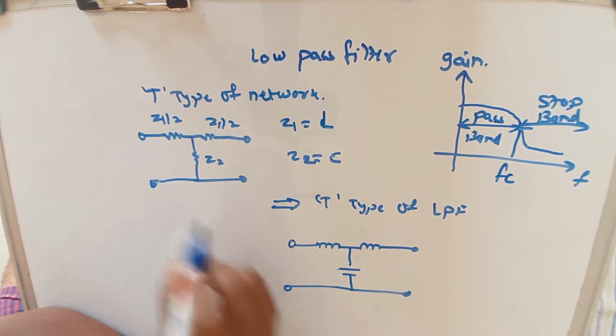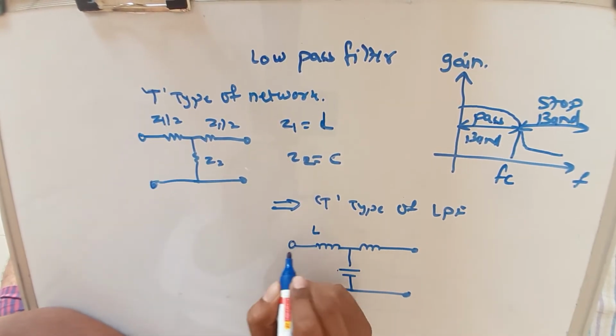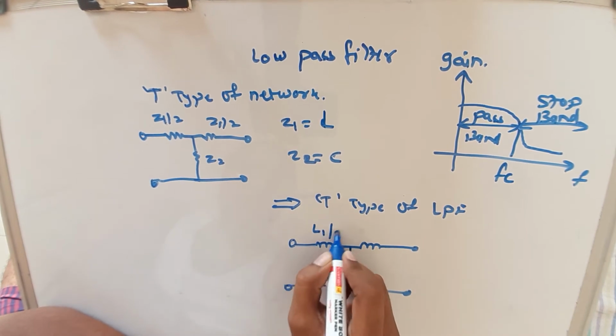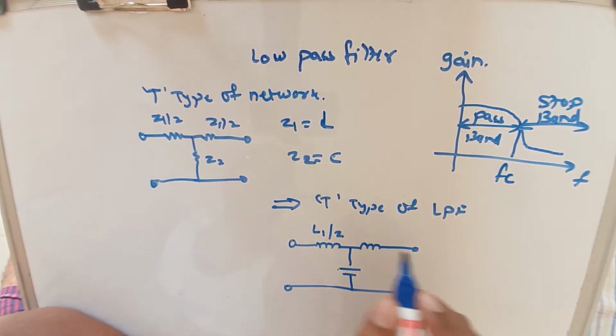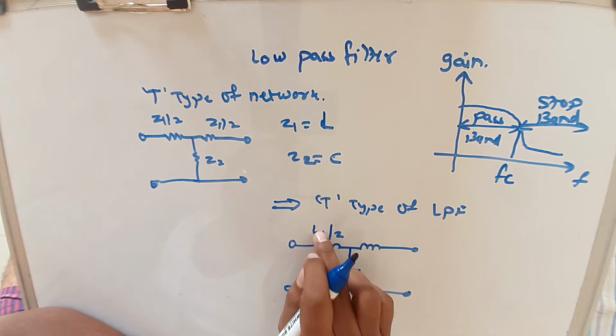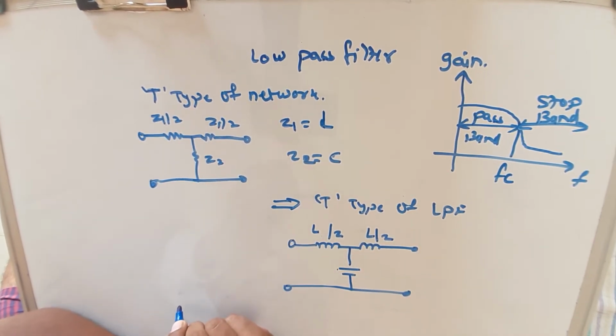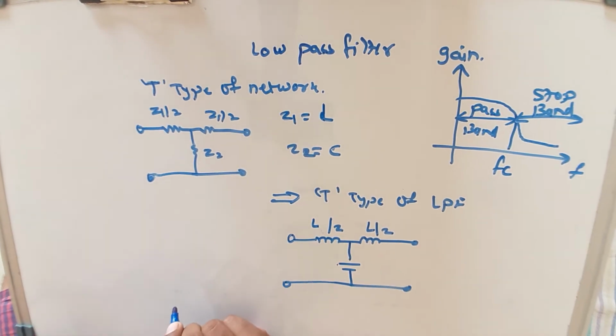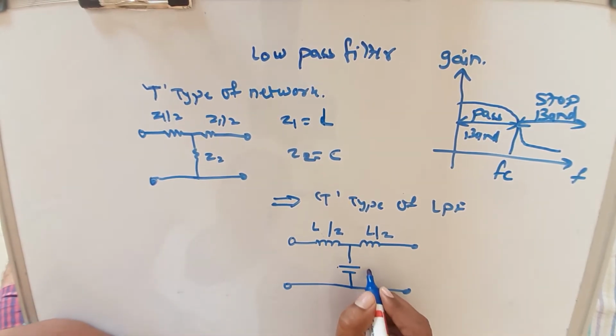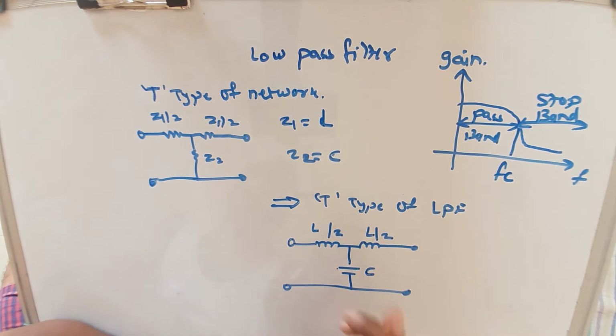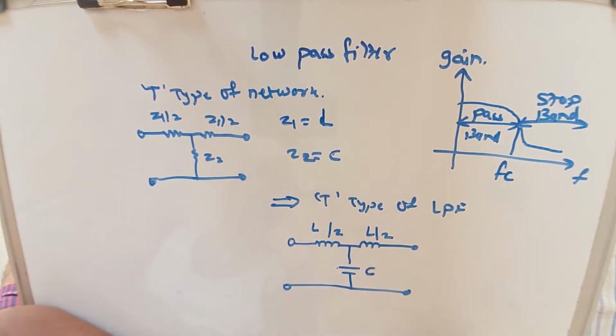This Z1 will be replaced by L, divided by 2, then L divided by 2, similarly L divided by 2. And Z2 is the C value. So this is the diagram for the T type low pass filter.